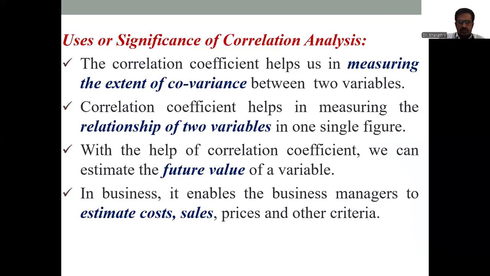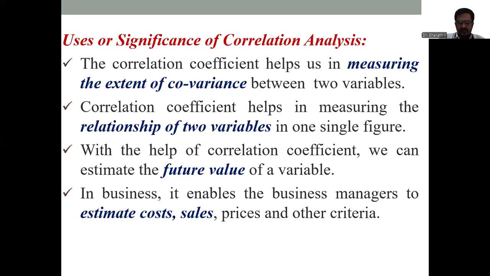So what are the uses of correlation analysis? Mainly, correlation is used for measuring the extent of covariance between the two variables. To identify a relationship between two variables, we use correlation: what kind of relationship they have and how strong it is.